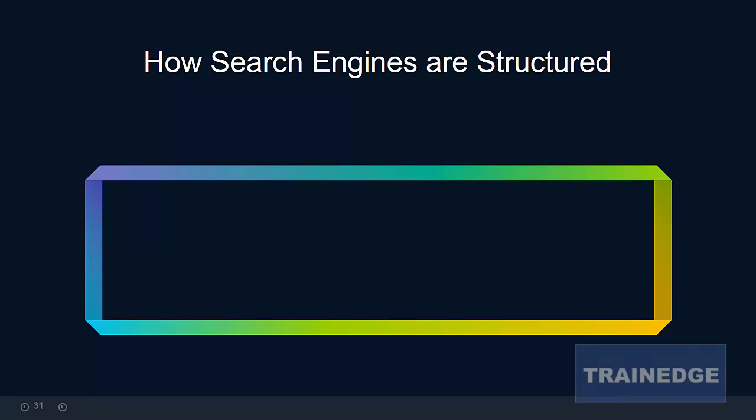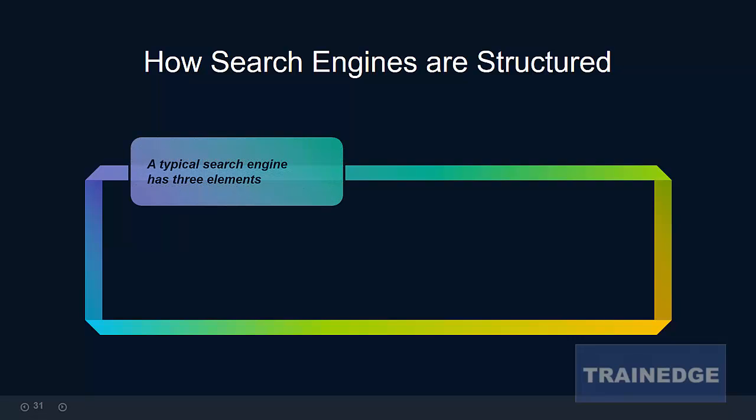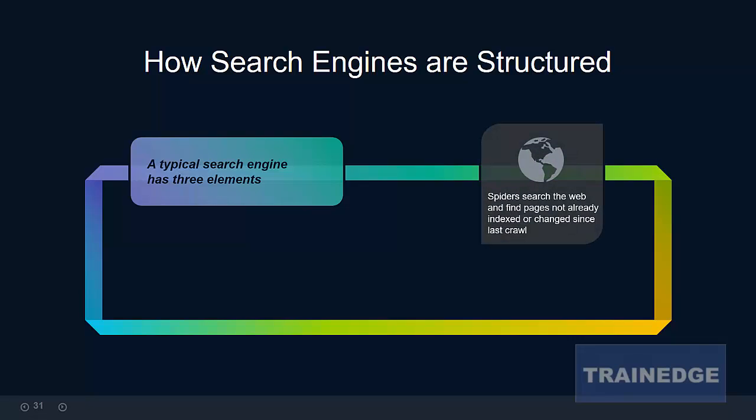Let us see how search engines are structured. A typical search engine has three elements: bots or spiders that search the web and find pages that are not already indexed or have changed since the last time the spider crawled this page. So if you have a new website, the bots or spider will come to your website and collect all the information about all the pages on your website.